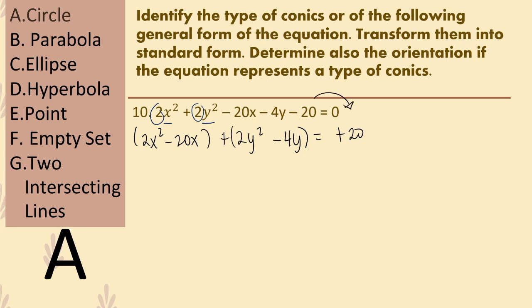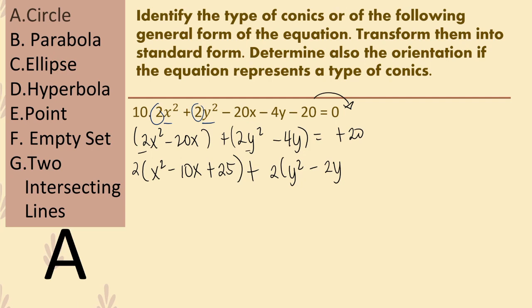So, move it to the other side. Then, let's factor out this 2x squared minus 10x. And then, the third term by completing the square. So, negative 10 divided by 2 is negative 5. And then, 5 squared is positive 25. Plus, we also factor out this 2. Negative 4 divided by 2 is negative 2 also. And then, the third term, so negative 2 divided by 2 is negative 1.